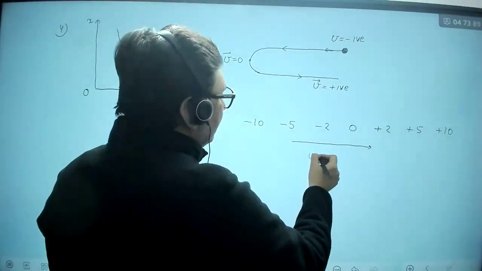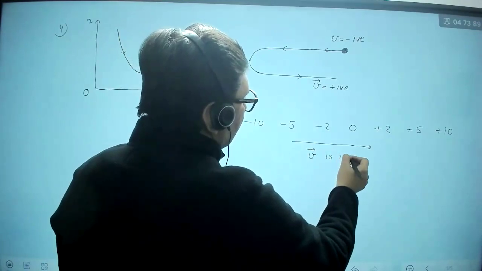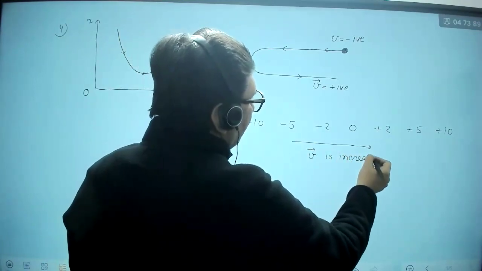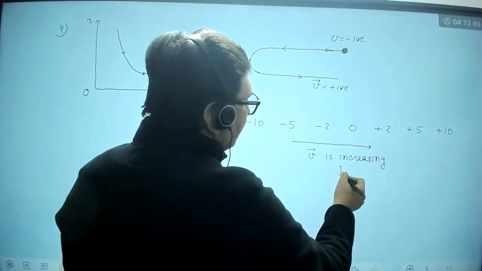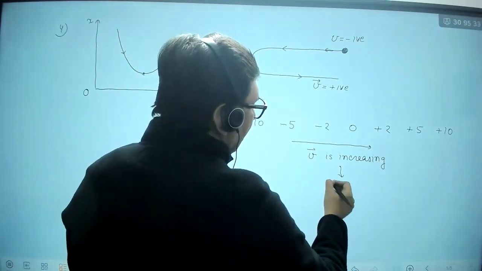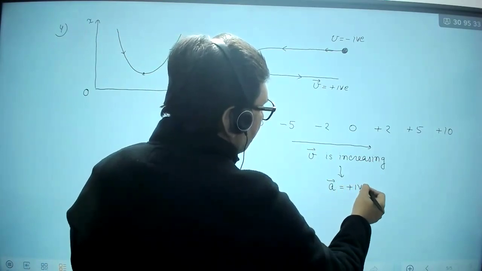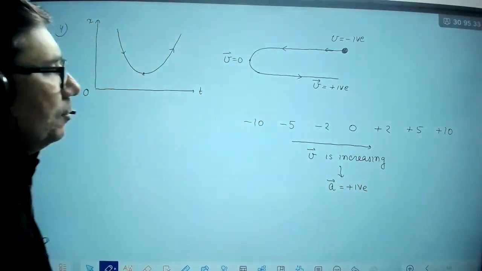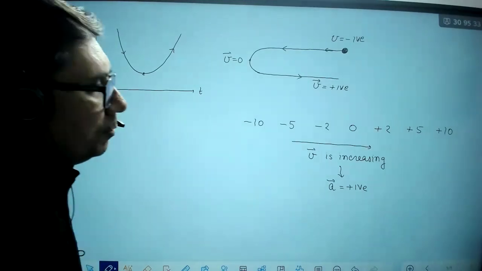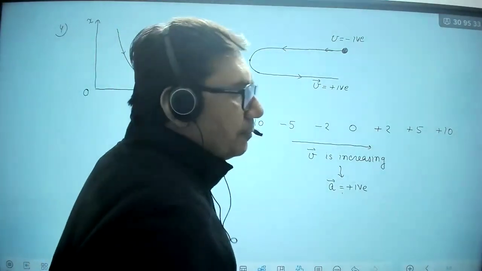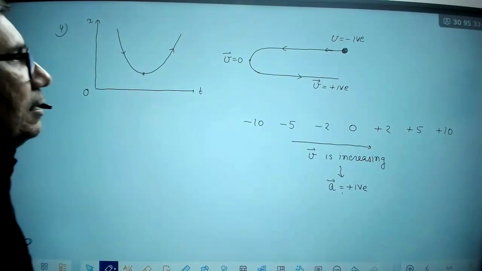So velocity is increasing. If velocity is increasing, automatically acceleration is positive here. Acceleration is positive. Is it clear with everyone?